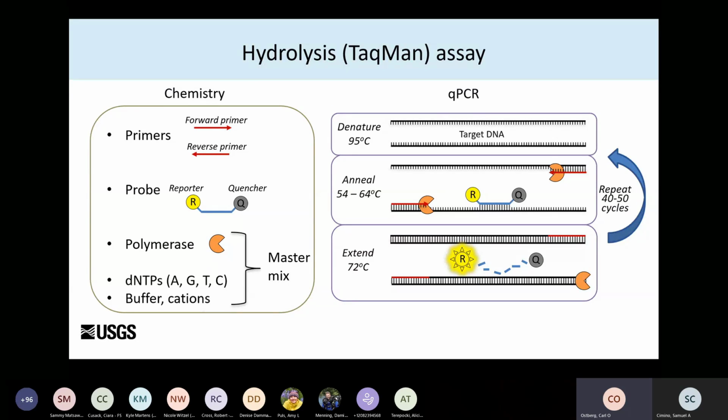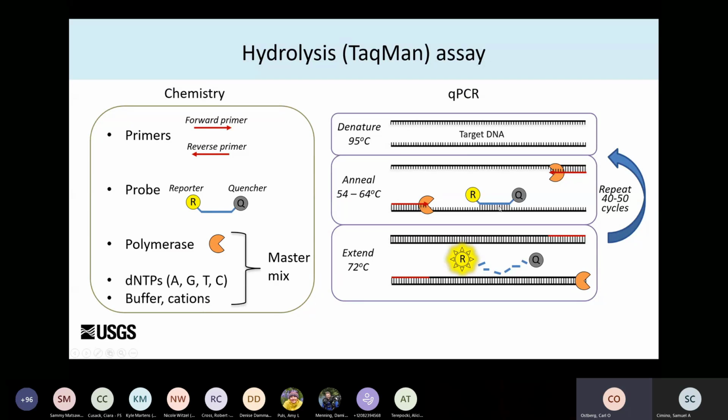During the qPCR assay, we're cycling through temperature gradients. DNA is denatured, melted apart at the high temperature, and then as the temperature is reduced, the primers bind to the DNA, and the probe is also binding.